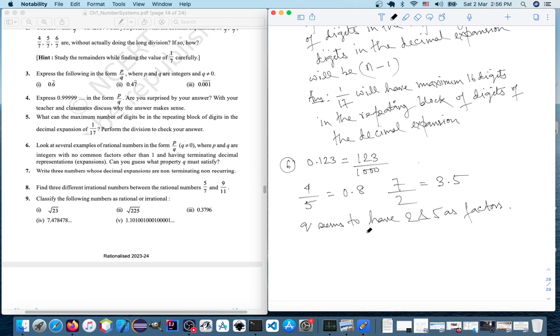Any terminating decimal will be of the form, let's say, ABC dot XYZ. Let's say it has 3 digits after the decimal point and some digits before the decimal point. So the number ABC dot XYZ is basically ABC XYZ divided by 1000.